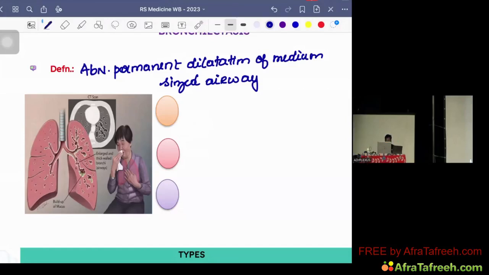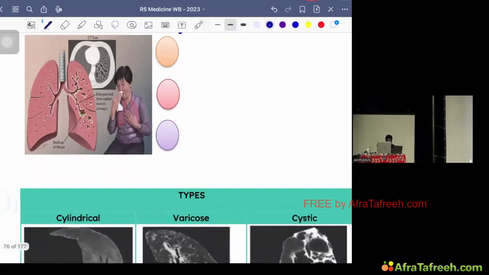That is the definition of bronchiectasis. Any patient who presents with abnormal permanent dilatation of the medium sized airway is going to be called as having bronchiectasis. Here we have to see three important things.